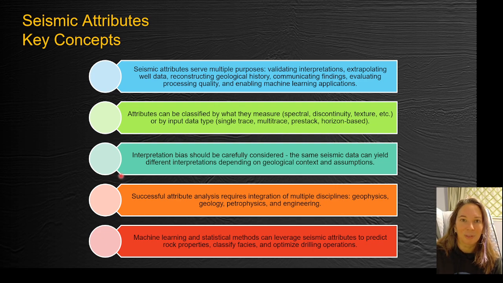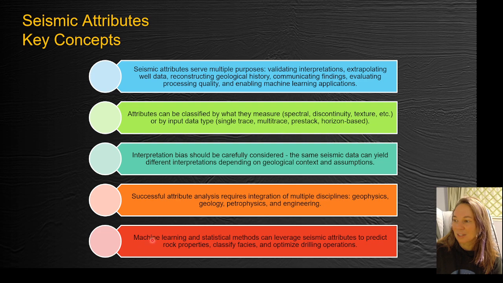I should also remind you of the interpretation bias. As interpreters, we go in and we see what we're most familiar with. And so we always want to pause as we're doing our interpretation and make sure that there are not other geologic explanations that we're not considering.